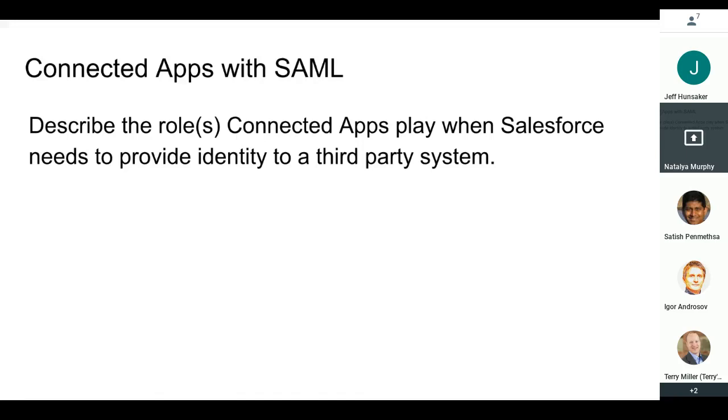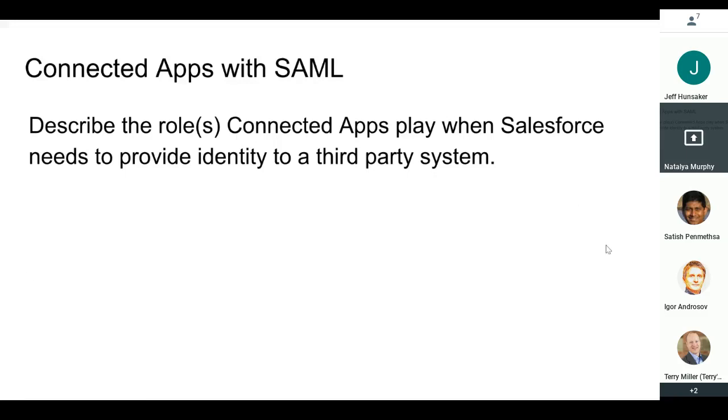I think this goes back to what Igor was also saying. So if Salesforce is the IDP and there is a connected app that needs to authenticate to the Salesforce IDP, then we would use a SAML configuration, correct? Okay. Web app, especially. All right. And then also remember start URL. If you set that, you can add your service provider to your app launcher.